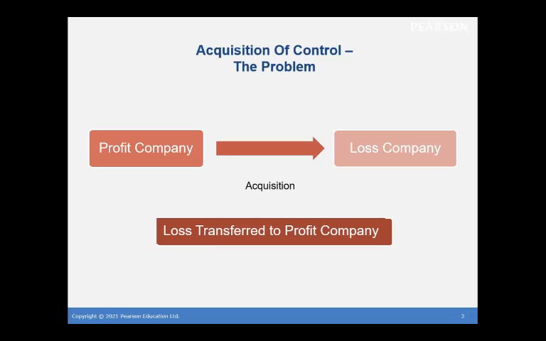Now, we talked about a company having a loss in one year and profits in the next year, and how you can carry the losses forward so that you're not in that scenario where you lost 100,000 one year, made 100,000 the next, effectively made zero, but you're still paying tax.